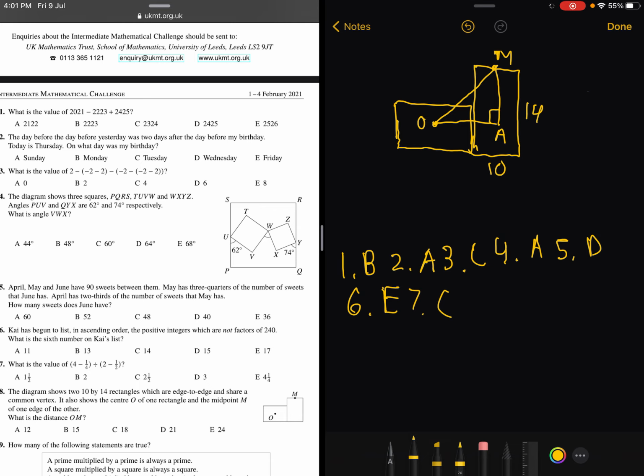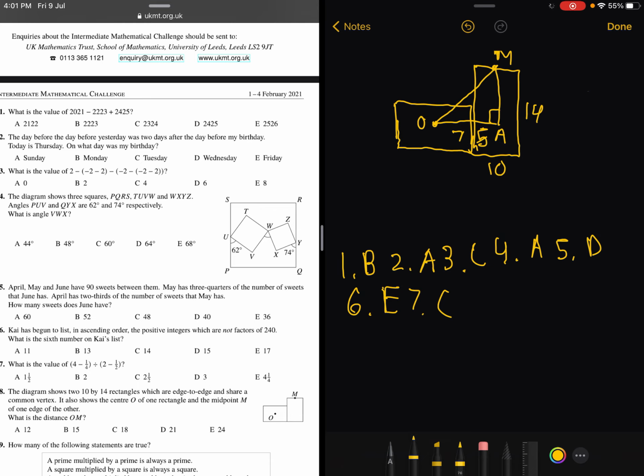The length OA will be from the center O till the end of the first rectangle, which would be length 7, because the whole thing is 14. Half that, you get 7, and half of the width of this would be 5. So OA is 12.